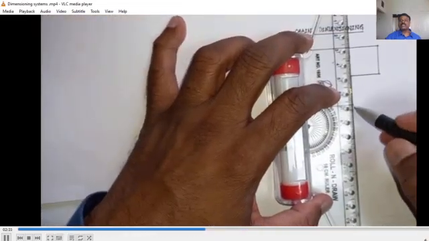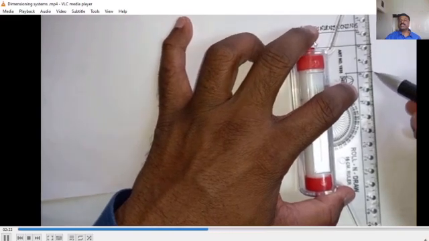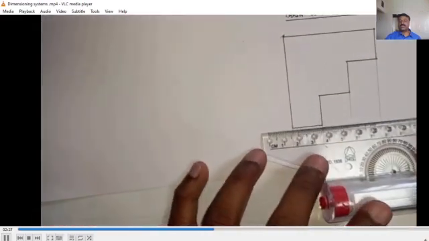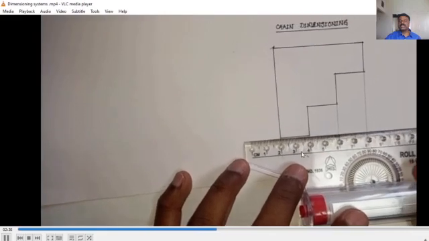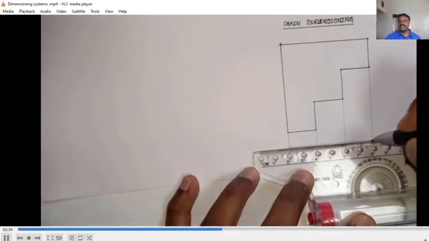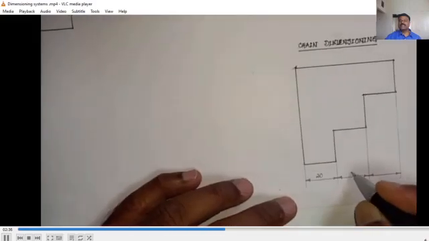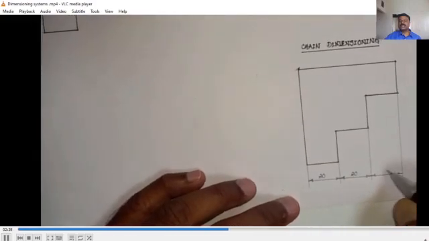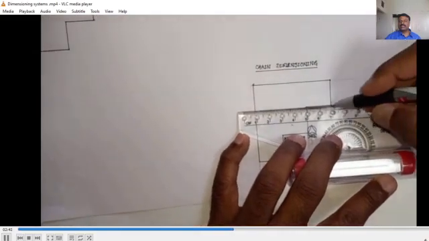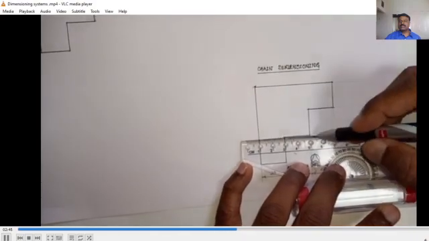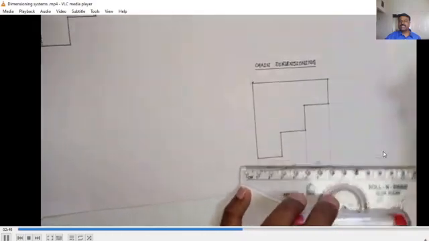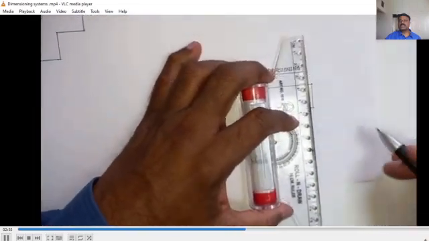Now let us discuss two different types of arrangement of dimensioning. First one is chain dimensioning. As you all know, chain dimensioning means all dimensions are shown one adjacent to the other in a single line. So this is chain dimensioning in the aligned system. So these are the extension lines made thin.